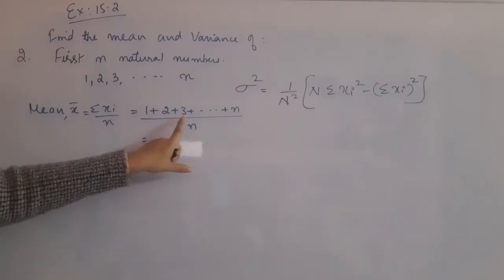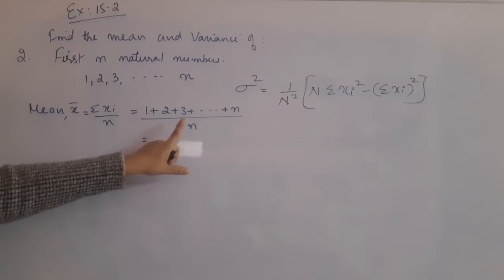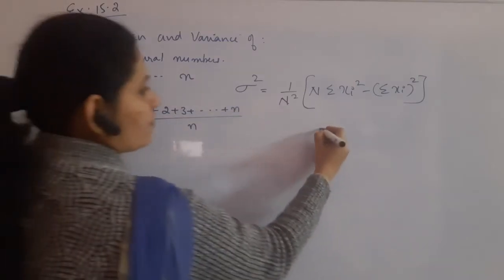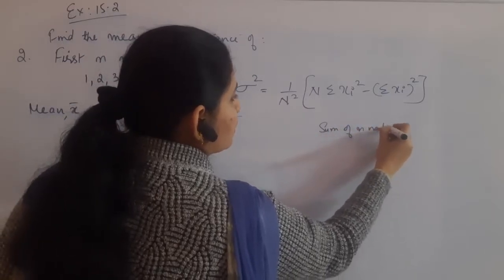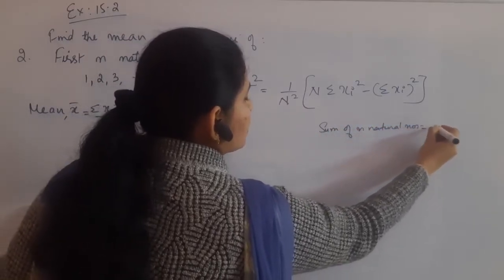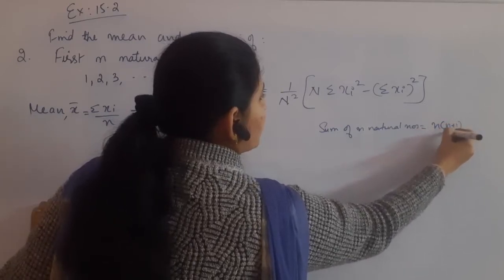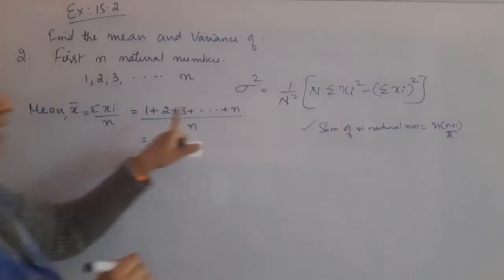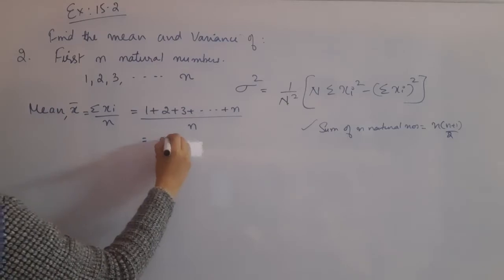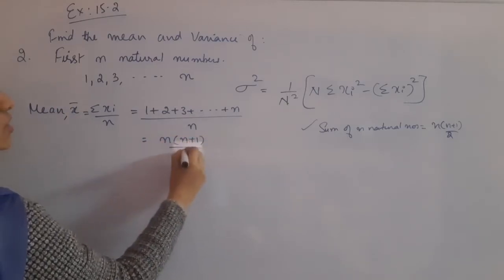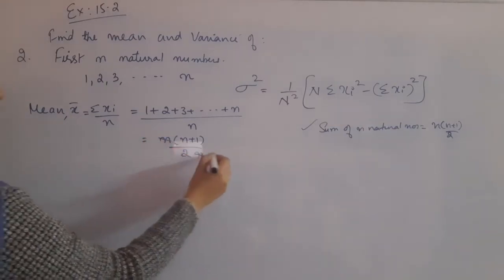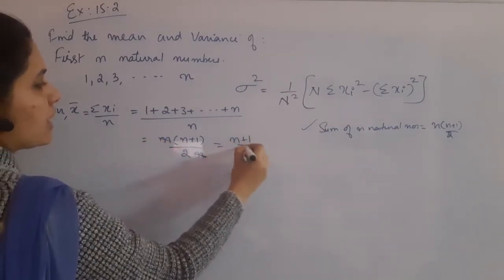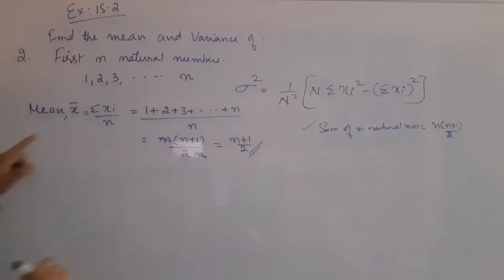Sum of n natural numbers is equal to n into n plus 1 by 2. So this is what we are using here. You get n into n plus 1 by 2, and here already you have n. So these two get cancelled and you are getting n plus 1 by 2 as the mean.